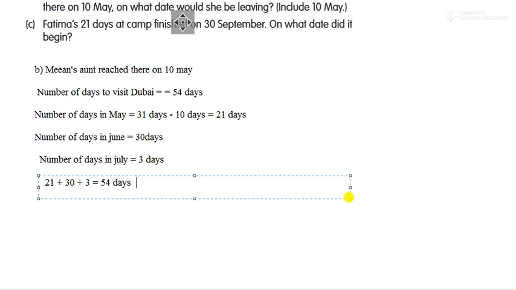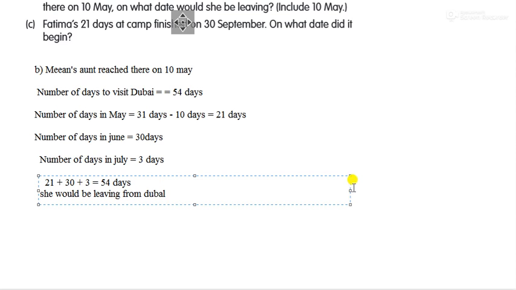Now she could be leaving from Dubai on 3rd July, because we have taken 3 days of July.